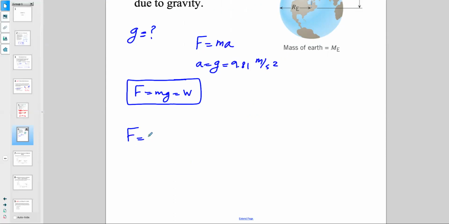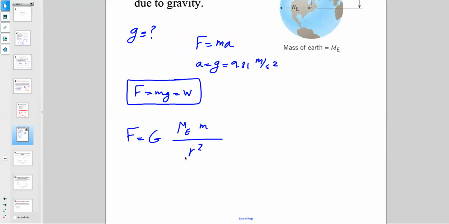I know that this F is a force due to gravity from Earth to that object, or from Earth to that person. So it also equals G, the gravitational constant, times the mass of the Earth, which is one of the masses, times the mass of the person or object, divided by the radius between them.